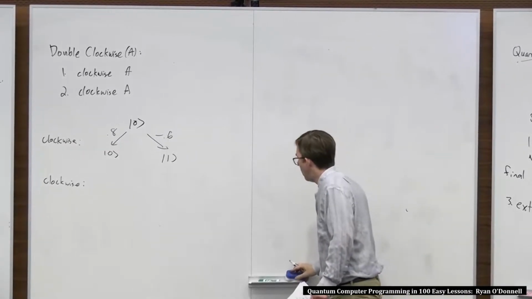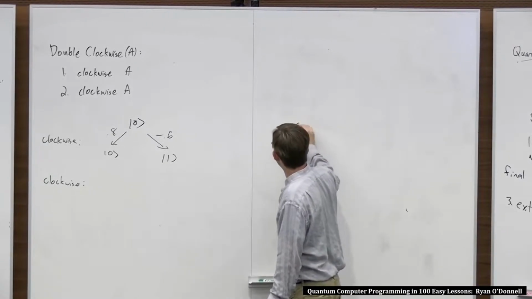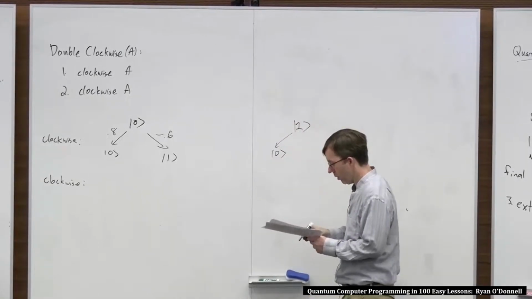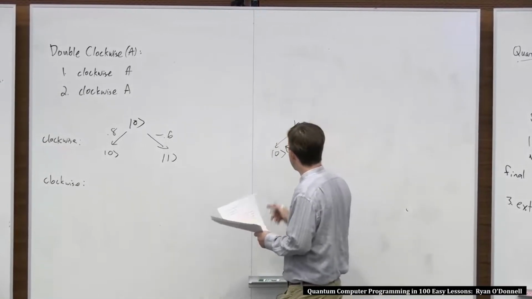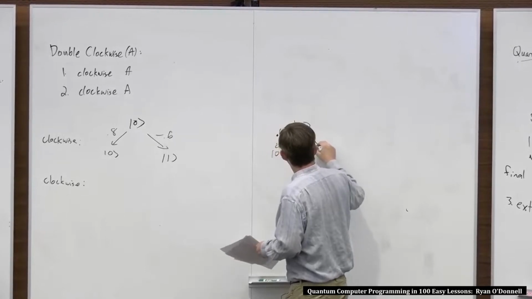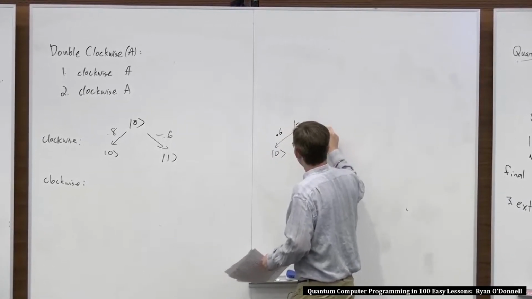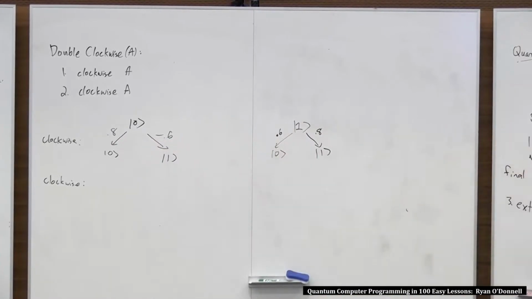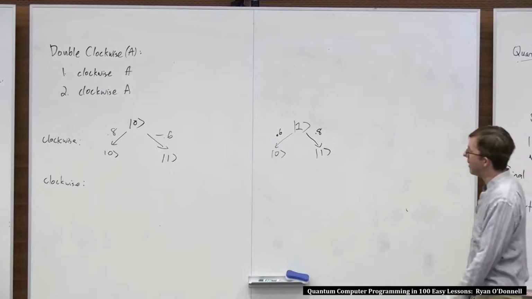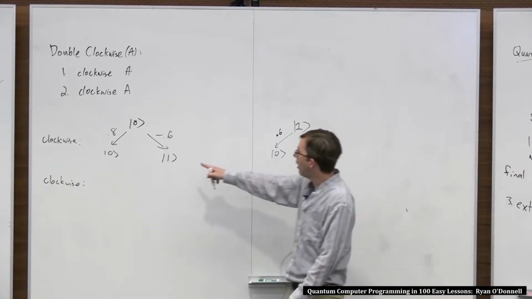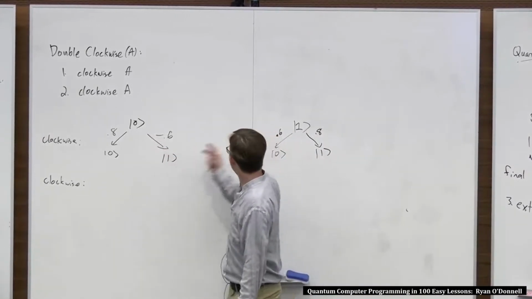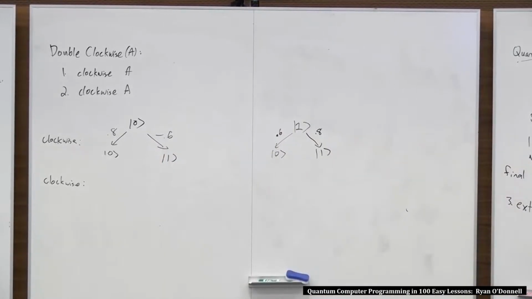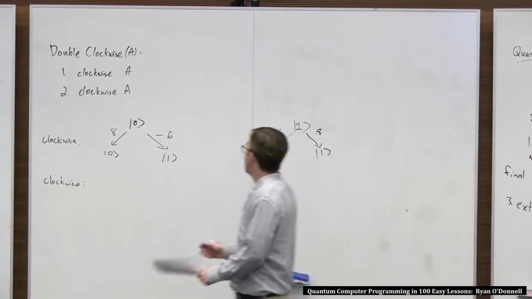If I start at 1, it goes to 0 with amplitude 0.6, and it goes to 1 with amplitude 0.8. These 4 numbers are the definition of clockwise. The paths diagram for clockwise looks like this, only you squish these 2 things together and show all 4 amplitudes at once.